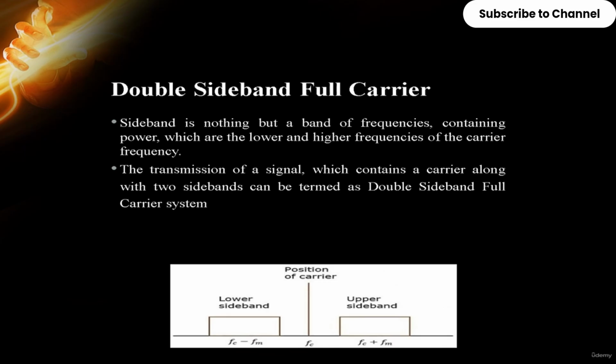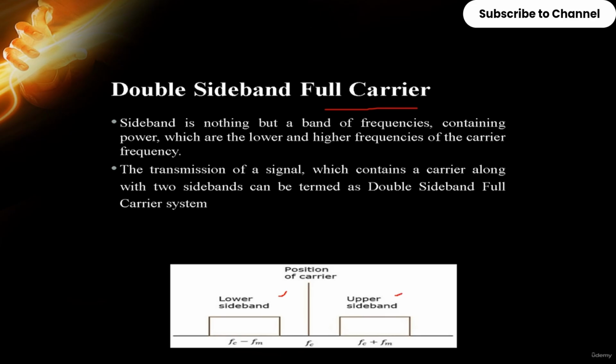So next is the double sideband, which is used in modulation, and is used to carry a full carrier wave. In double sideband, in the process of amplitude modulation, the modulated wave consists of the carrier wave and two sidebands: the lower sideband and the upper sideband.